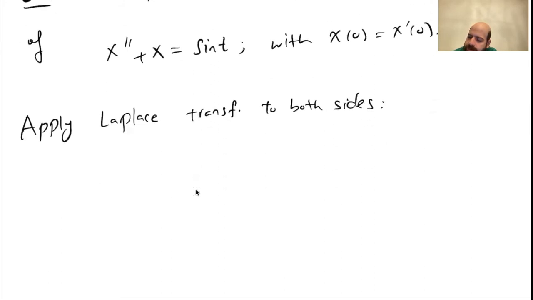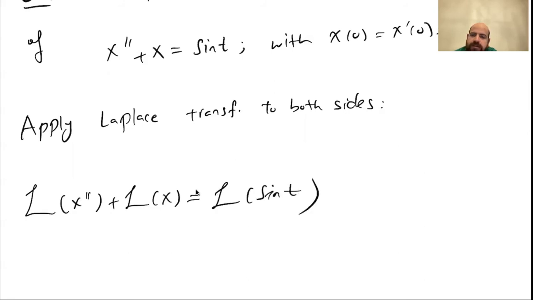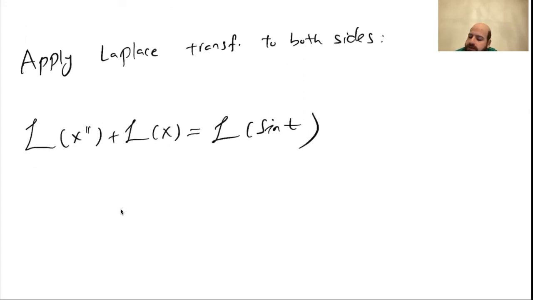Then what do we get? We get Laplace transform x double prime plus Laplace transform x equals Laplace transform sine t. Remember that we said Laplace transform is linear. So Laplace transform of addition of two functions will be addition of the Laplace transforms.